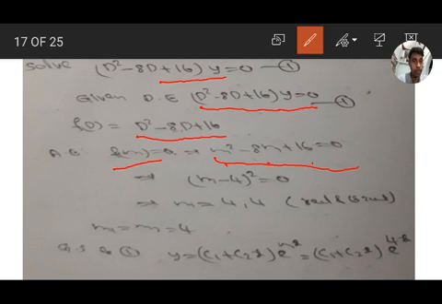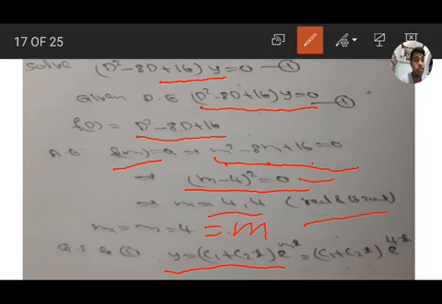That is (m - 4)² = 0. Therefore m = 4, 4, which means the roots are real and equal. That is m1 = m2 = 4, that is m. Therefore the general solution is y = (c1 + c2x)e^(mx) = (c1 + c2x)e^(4x). That is the general solution of the equation.